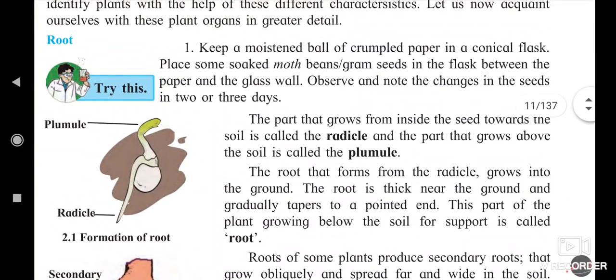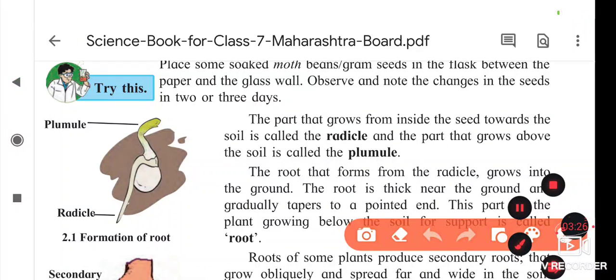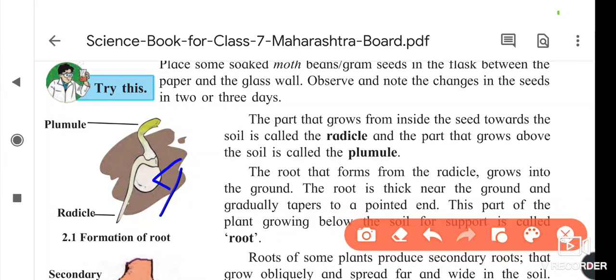Here we have an activity, that is the formation of a root. You will see that the root grows from the seed, and it goes downward in search of water and food. The other part is where the leaves are grown.